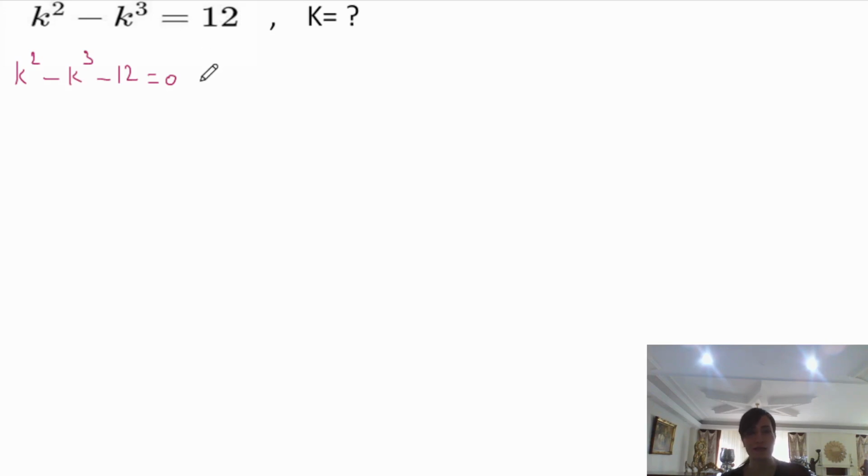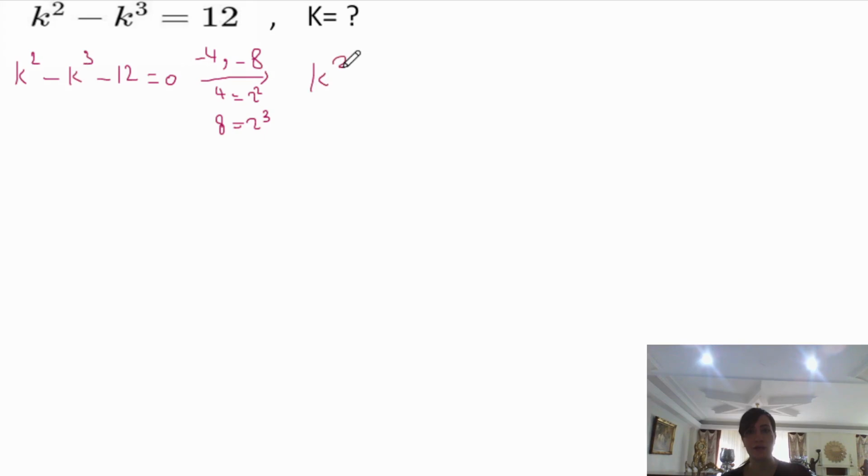So I can split 12 into two numbers, negative 4 and negative 8, where 4 equals 2 to the power of 2, and 8 equals 2 to the power of 3. Okay, I split 12 into 4 and 8, so I rewrite it.